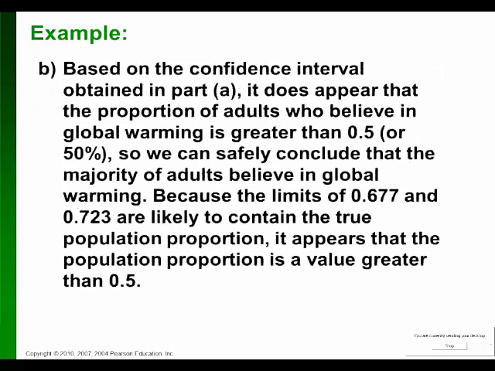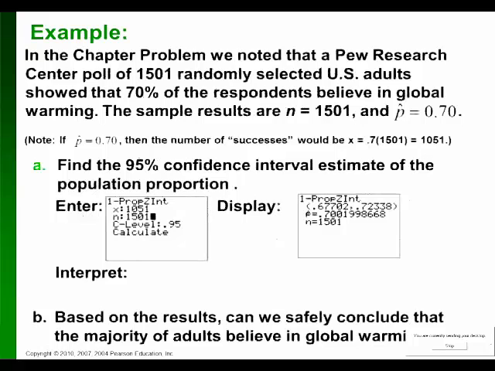We are 95% confident that the true proportion who believe in global warming for the population, that's just P, is between, I guess I should have less than or equal to, 0.677 and 0.723.